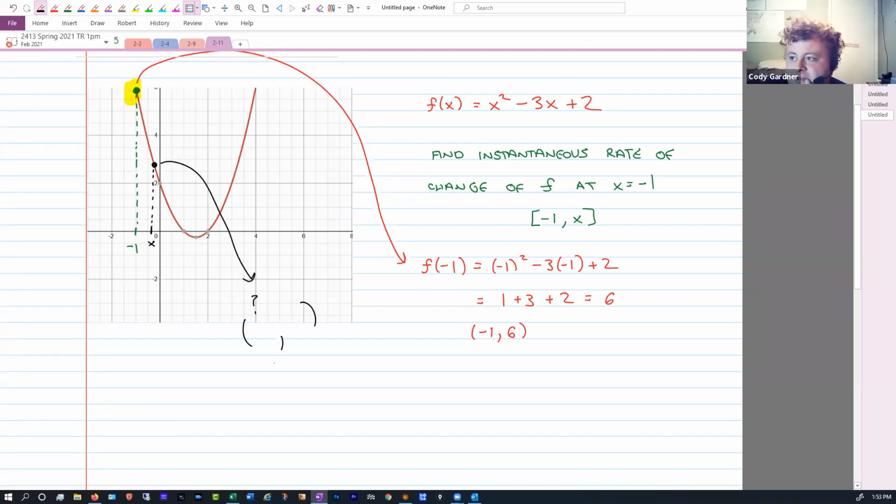Oh, yes, it would be. What are we plugging in to the function? Oh, 2? No, we plugged in -1 for the left endpoint. Our right endpoint would be anything greater than -1.